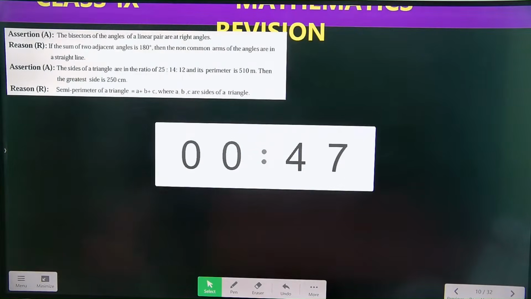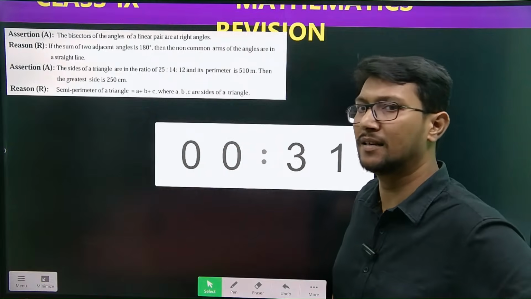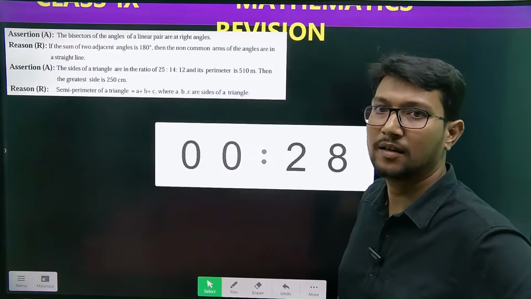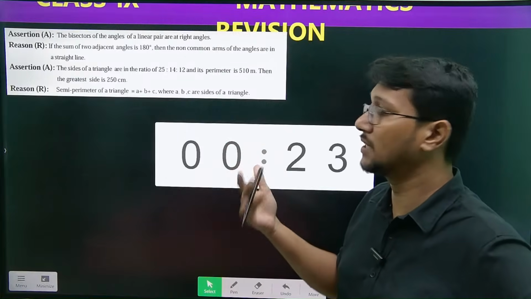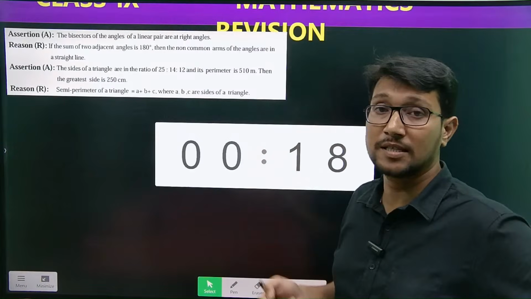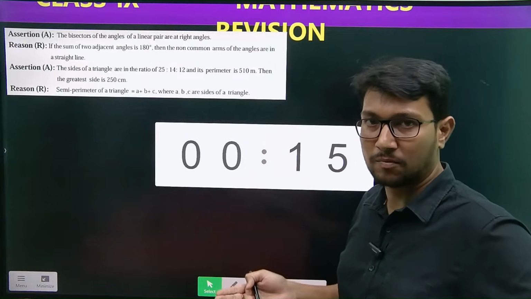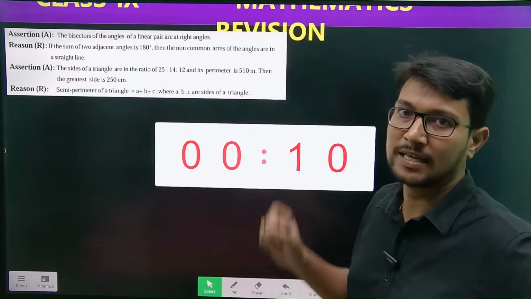Solve and tell me what the first one's answer is. Check, everyone. The assertion reason is given, children. The options are A, B, C, D. A is: assertion true, reason true, and the reason correctly explains the assertion. The second option is: A is true, R is true, but R is not correctly explaining A. Option C is: A true, R false.